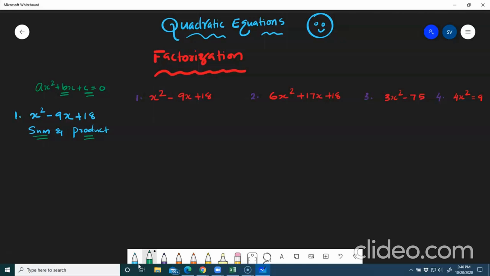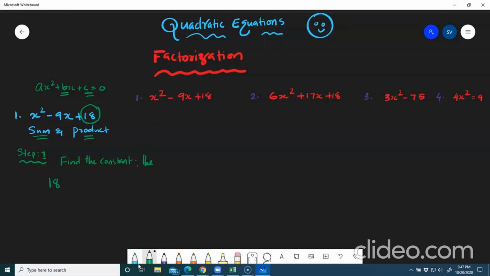So how can we implement this information in this factorization? The process is this. In step 1, I'm actually splitting into 2 pieces. Step 1, find the constant term of the equation. For this equation, the constant is 18.